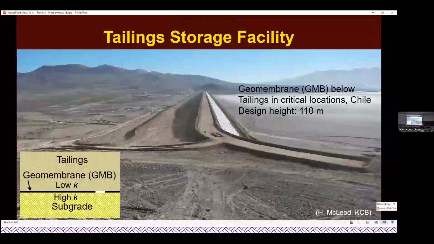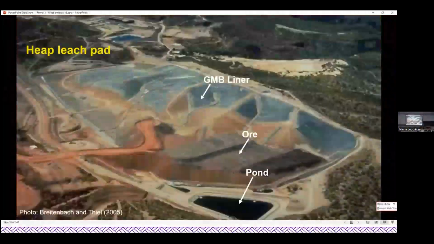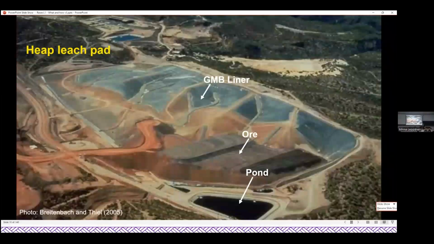Tailing storage facilities are another major application, not just in the dam, but in the containment facility itself. Heap leach pads. Here, they were early adopters of geomembranes because of the economic advantage of collecting as much as practical of the pregnant liquor. But there are also environmental advantages to collecting it.